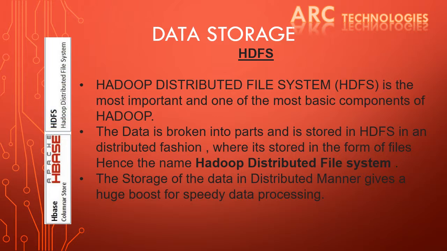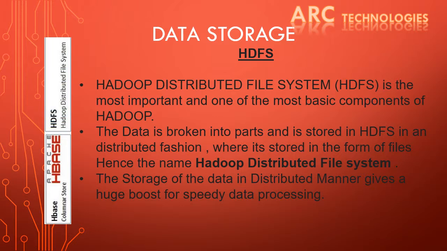When data is ingested into the HDFS environment, or let's say Hadoop, and it is stored in HDFS, the data is broken into parts and stored in a distributed fashion, in the form of files. If a file is brought in, it is stored in different small parts, and all those parts are themselves files, and they are stored on different nodes.